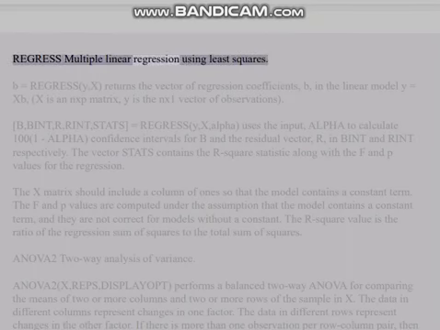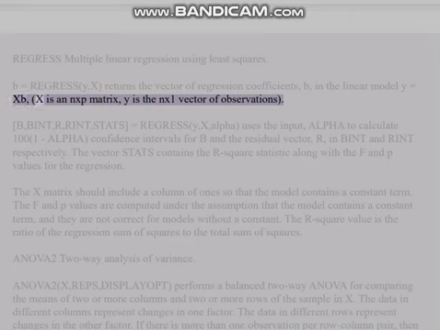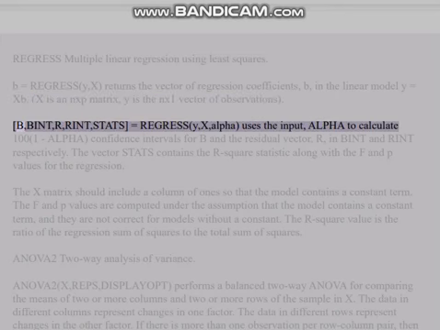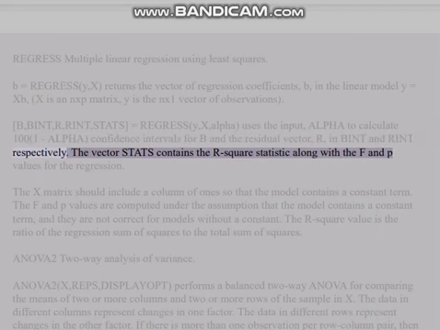regress: multiple linear regression using least squares. b = regress(y,X) returns the vector of regression coefficients, b, in the linear model y = Xb. X is an n-by-p matrix, y is the n-by-1 vector of observations. [b,bint,r,rint,stats] = regress(y,X,alpha) uses the input alpha to calculate 100(1 − alpha)% confidence intervals for b and the residual vector, r, in bint and rint respectively.